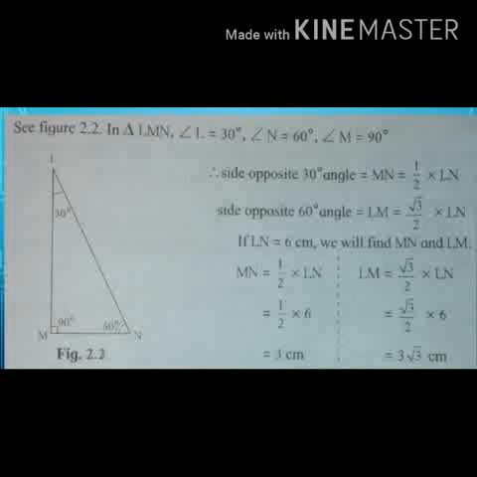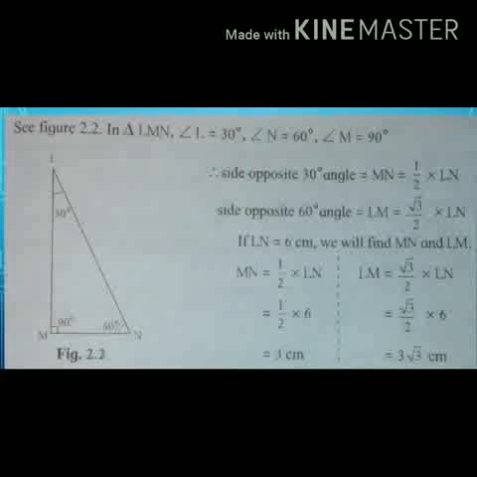Example, if the hypotenuse of right angle triangle LMN, the length LN, is 6 centimeter, then find the values of LM and MN. Now we can find the values of LM and MN by using the 30 degree, 60 degree and 90 degree triangle property.